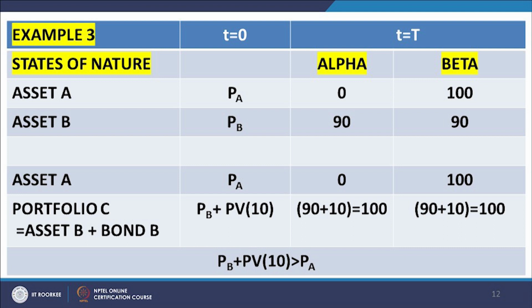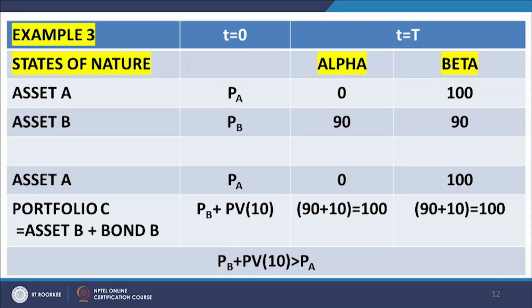Let me repeat, I form a portfolio C consisting of asset B as it is, and I add to asset B a bond which pays 10 in state alpha as well as in state beta. So, it is a default-free bond. It is a certain payment irrespective of the evolution of the state of nature.